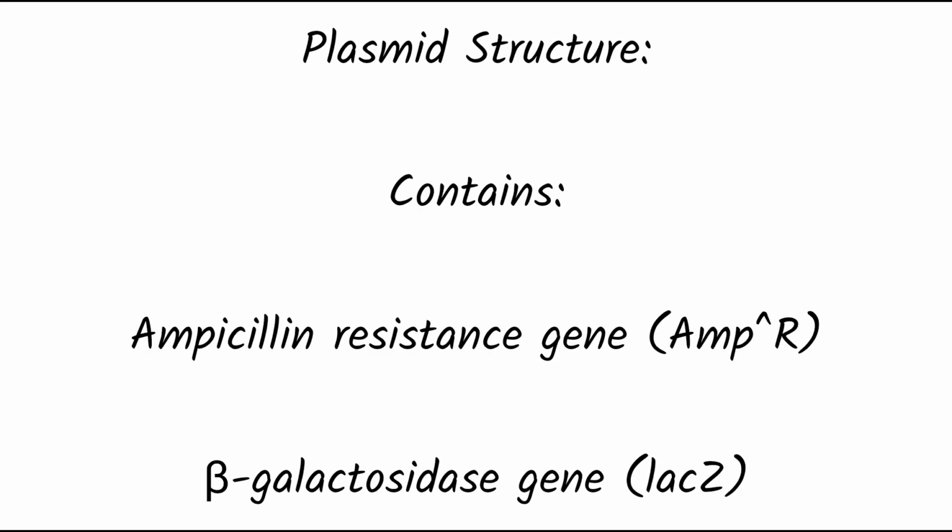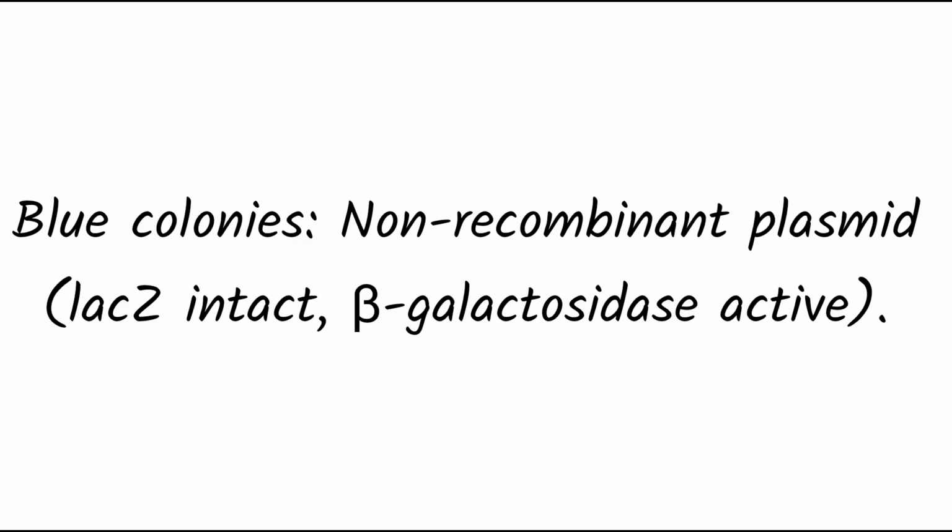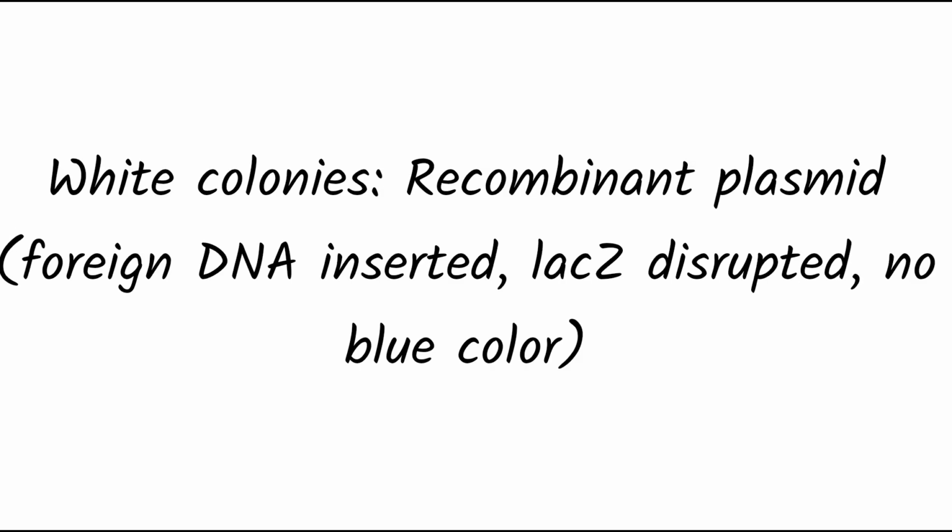Here the recombinant DNA is inserted within the coding sequence of the enzyme beta-galactosidase, and this results in inactivation of the gene for synthesizing the enzyme, which is referred to as insertional inactivation. If the plasmid in the bacteria does not have an insert, the presence of the chromogenic substance gives blue color. Presence of an insert results in insertional inactivation of the beta-galactosidase gene, and the colonies do not produce any color, and are identified as recombinant colonies.